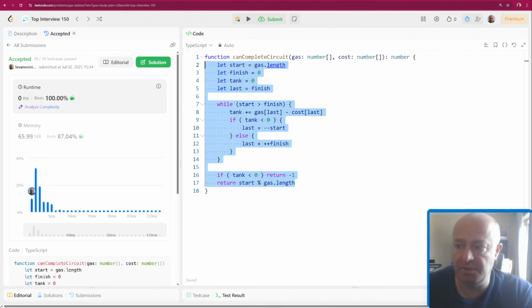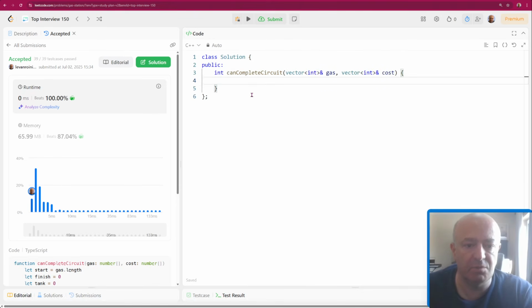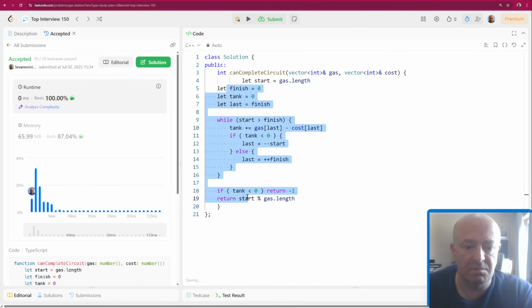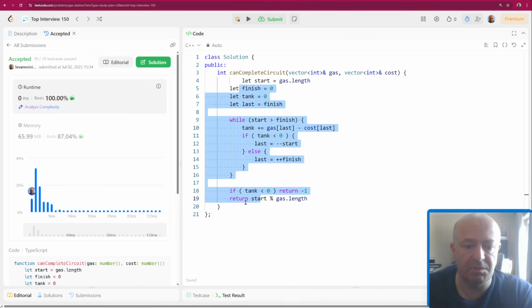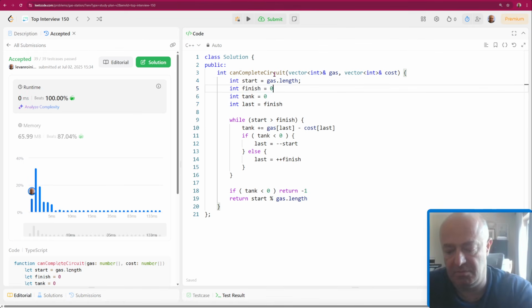So you know what? I am going to just take this, and maybe I'm interested to run this in C++ and see what happens if we were to run this code in C++. So let me quickly change this to C++, a whole bunch of semicolons everywhere, here and here and everywhere.